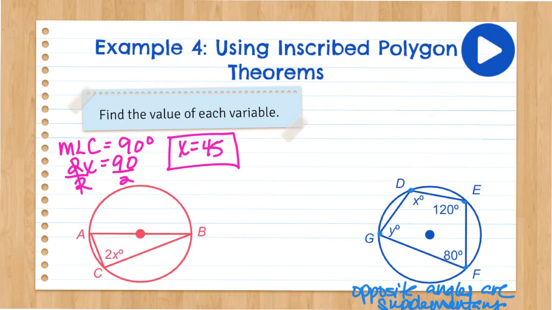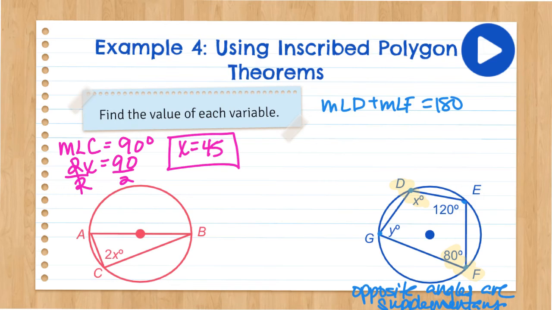We know that the measure of angle D plus the measure of angle F equals 180 degrees.